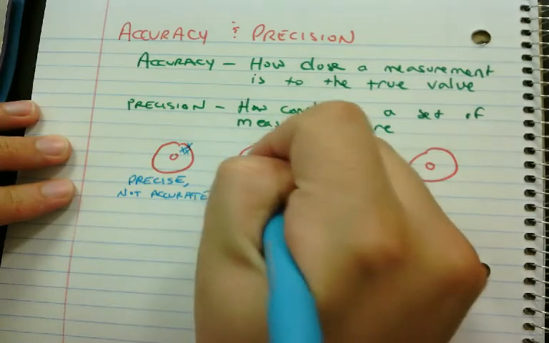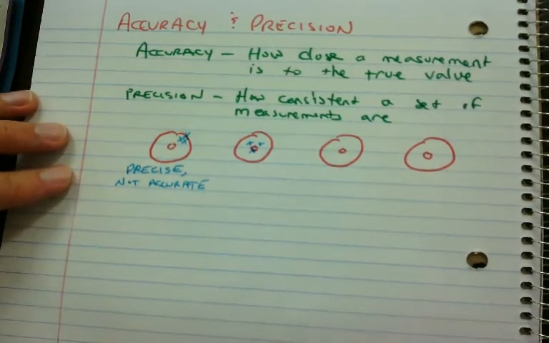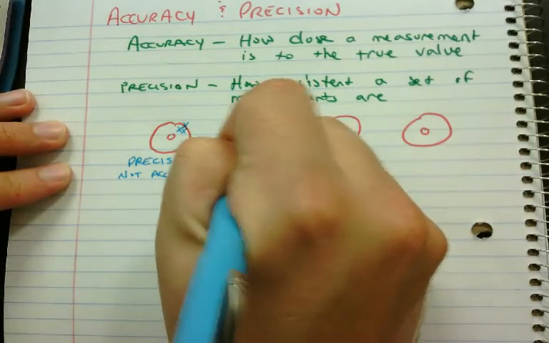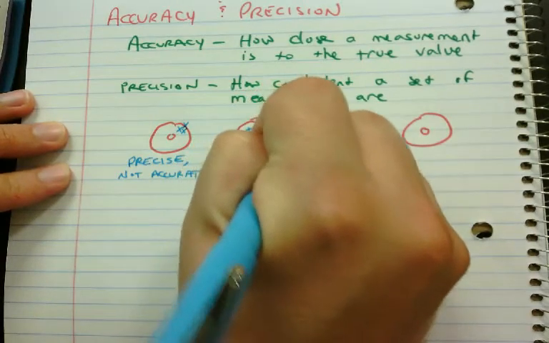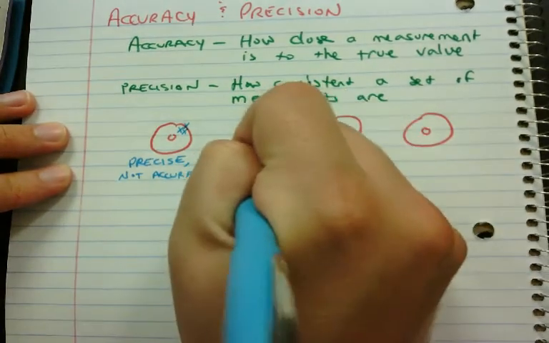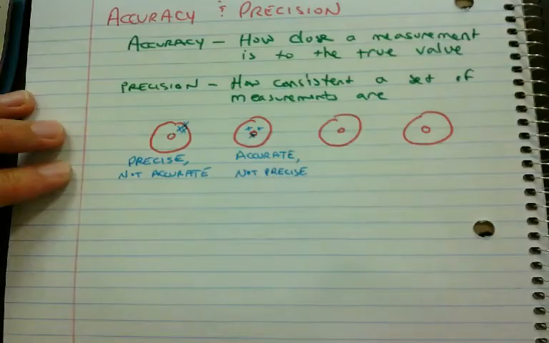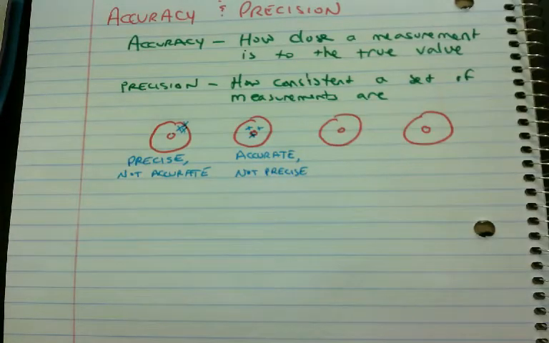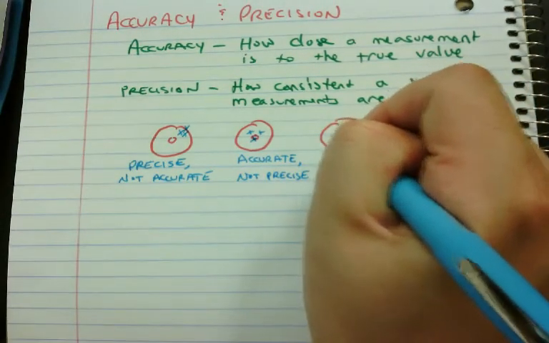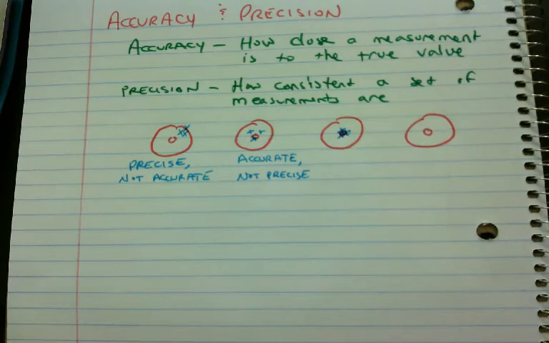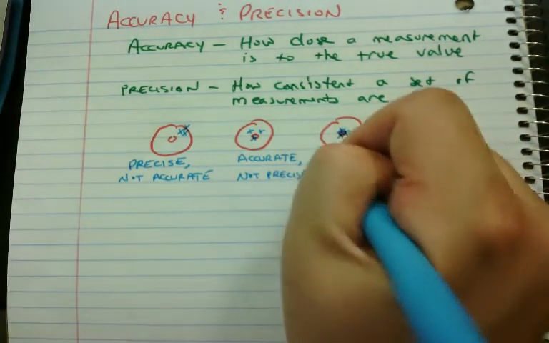Maybe I get pretty close to the center, but I'm not very consistent. That would be an example of accurate but not precise. And obviously, the goal for a measurement is to be both accurate and precise.